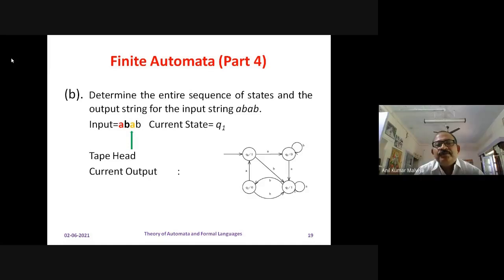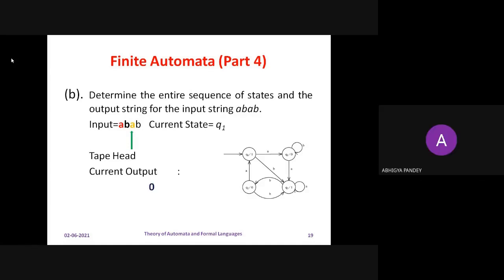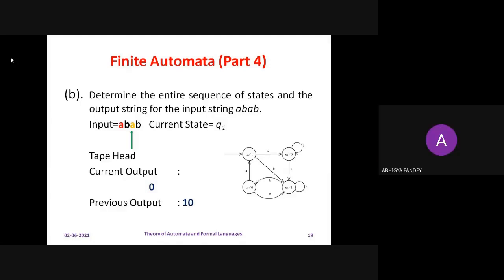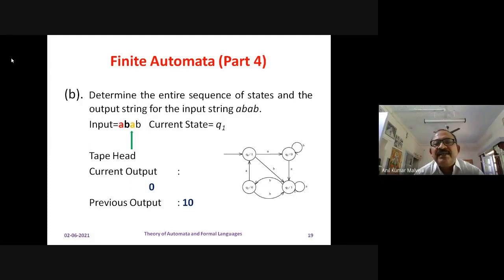Okay? Here you can see the current output is 0 and the previous output is 1. Okay? Yes, sir. Now, the machine is in state Q1 and at this time the input is A. My question is for Abhinav Tiwari. Are you present in the class, Abhinav Tiwari?